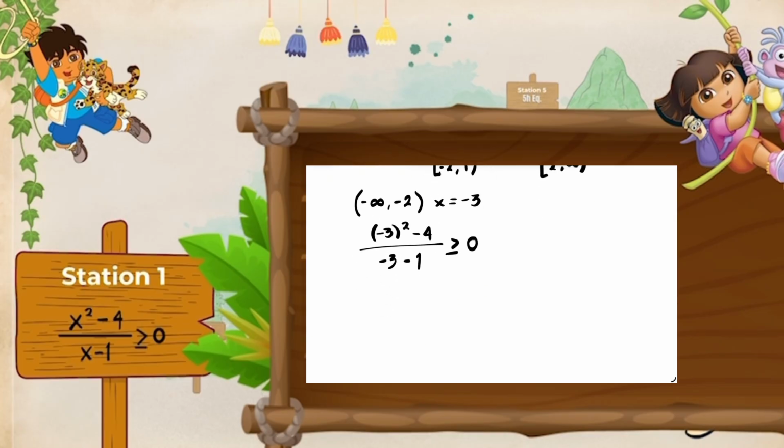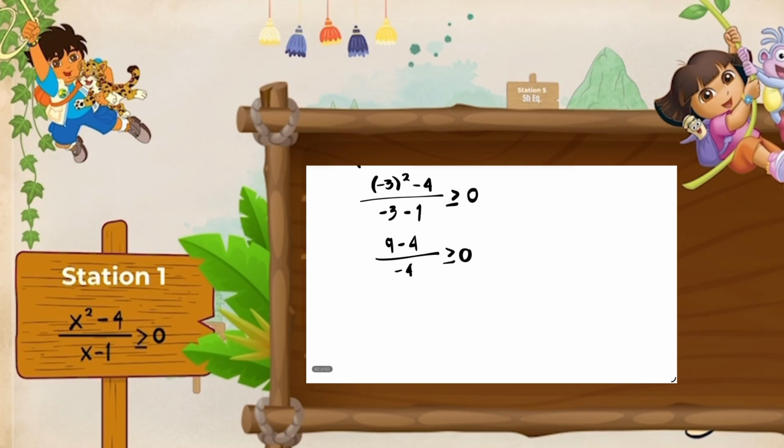Negative 3 squared is equal to 9, minus 4 is 5. Then negative 3 minus 1 is negative 4. 5 over negative 4: since one is positive and one is negative, it will become negative. And a negative number is not greater than or equal to 0. Therefore, it's false.